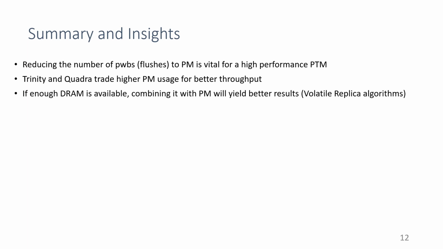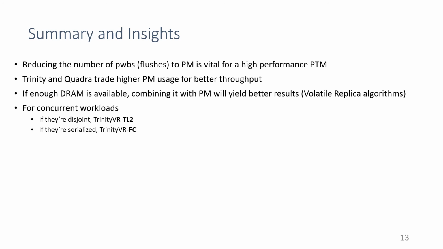Another insight is if you have enough DRAM available, then combining it with PM will yield the best performance possible. And concurrency-wise, if you have workloads that are mostly disjoint, then TL2 is the way to go. If you have workloads that are really very serialized, like everybody writing on a queue, then you're better off with something like flat combining.